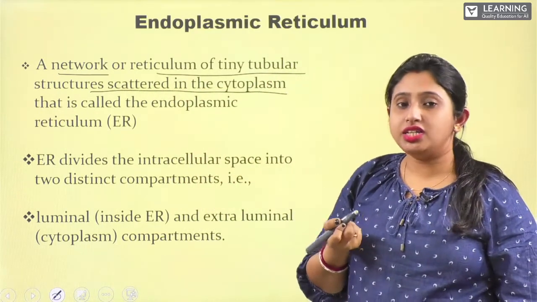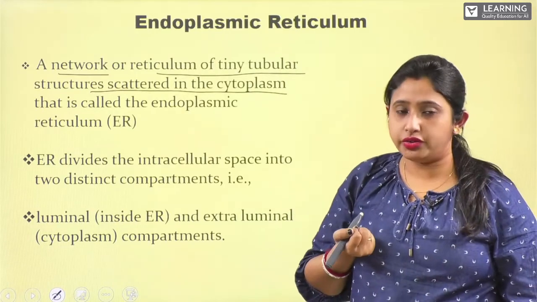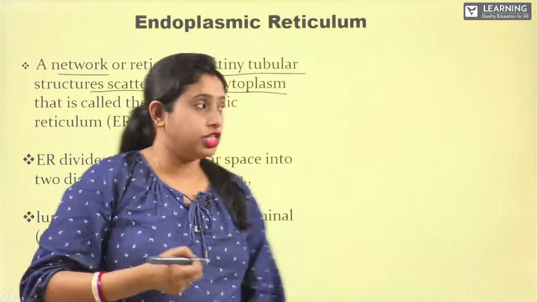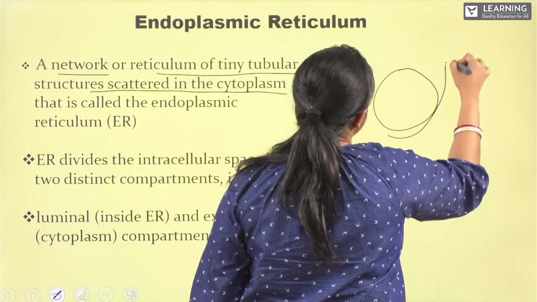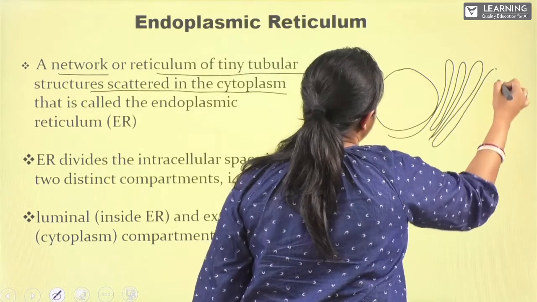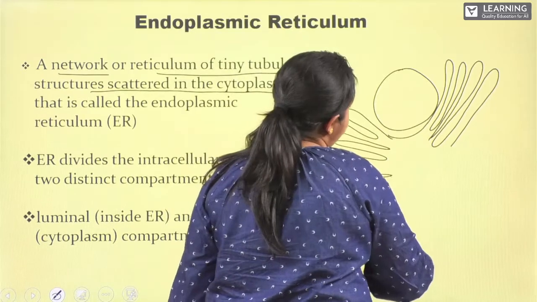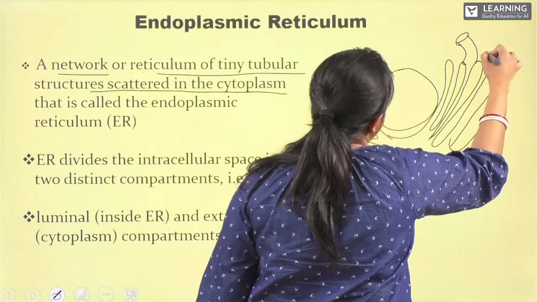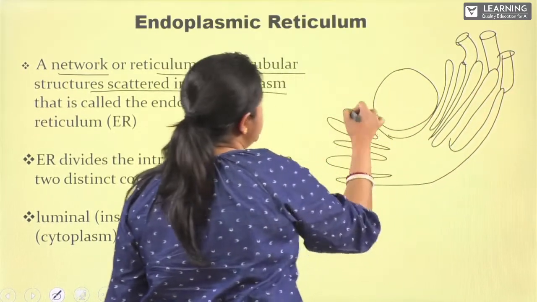If this is the nucleus, these are the endoplasmic reticulum scattered in the cytoplasm. Here you will find some smooth endoplasmic reticulum. So these are the smooth endoplasmic reticulum.